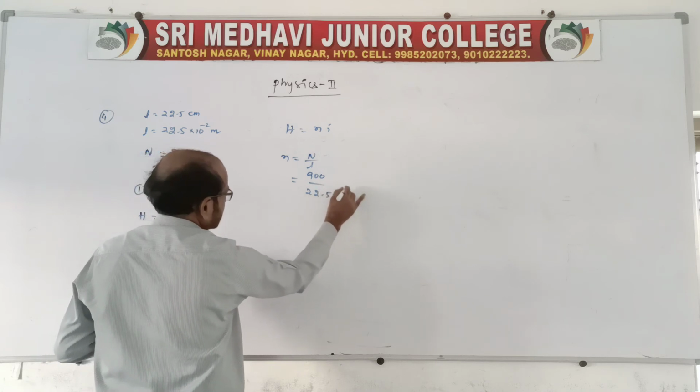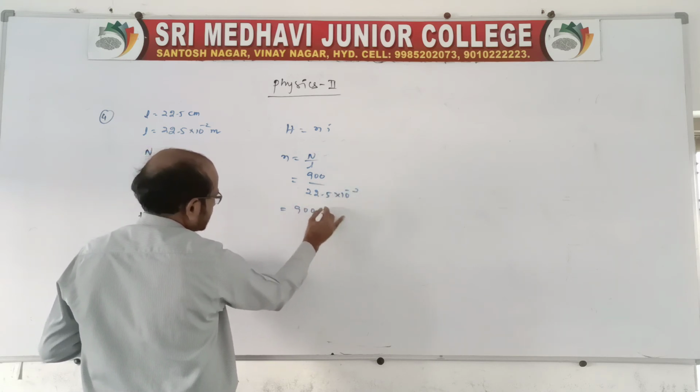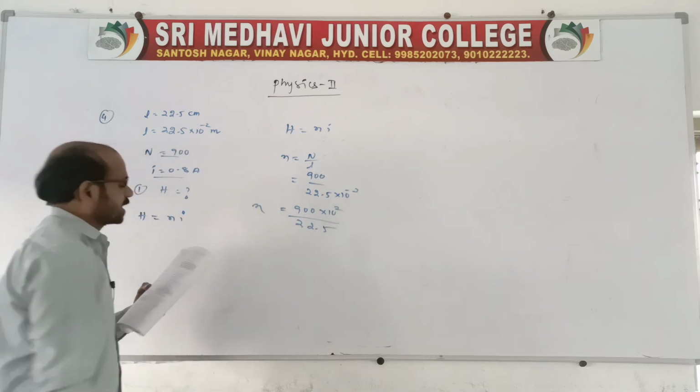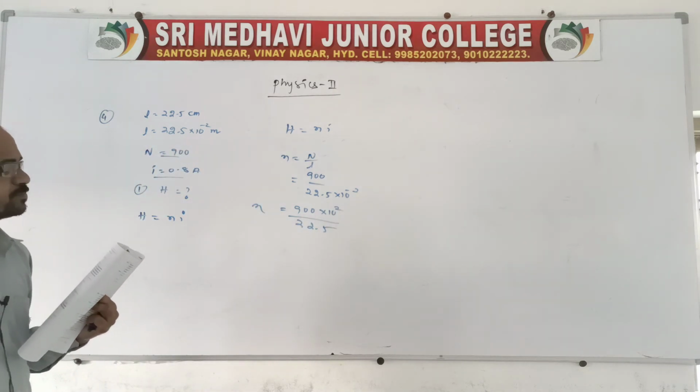Divided by 22.5 into 10 power minus 2. So it is 900 into 10 power 2 by 22.5. This is small n. Clear?